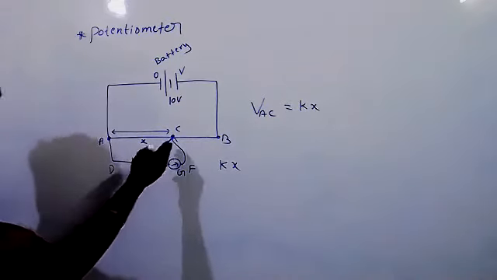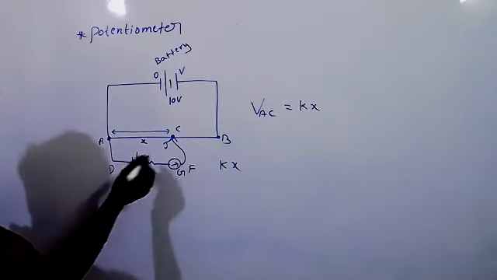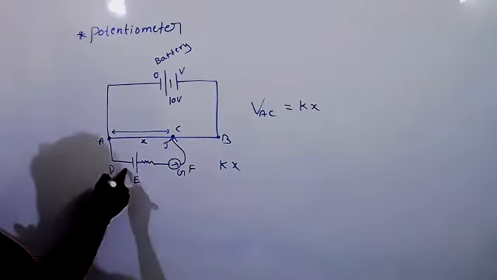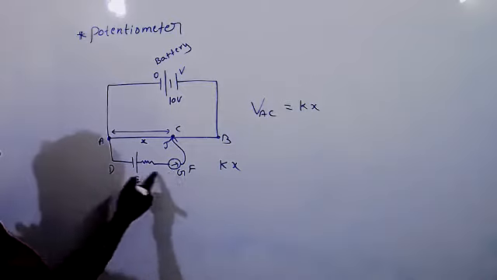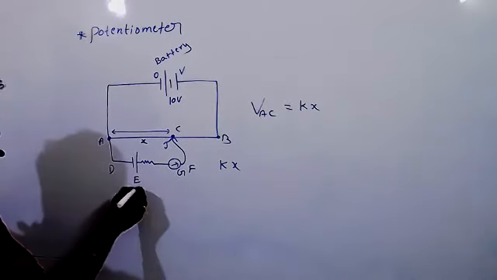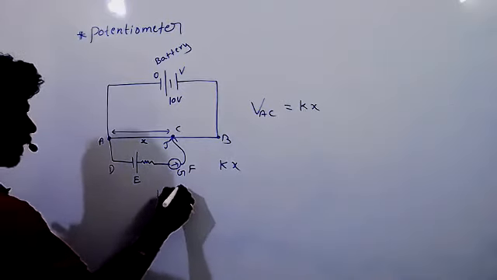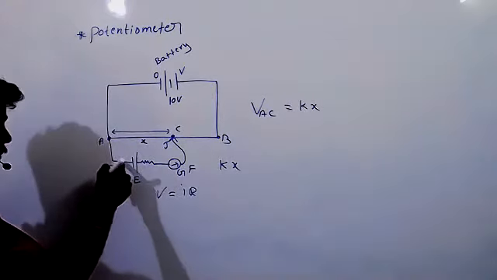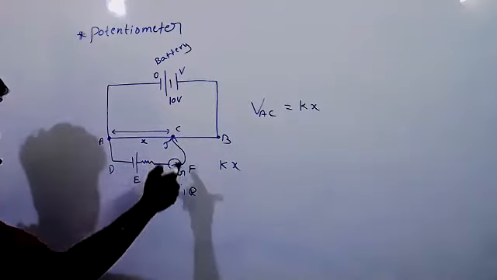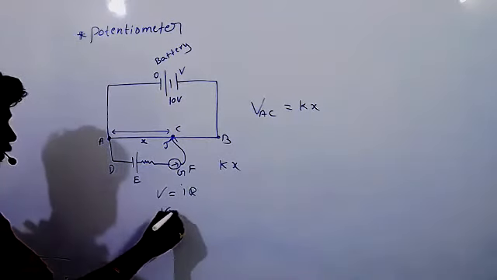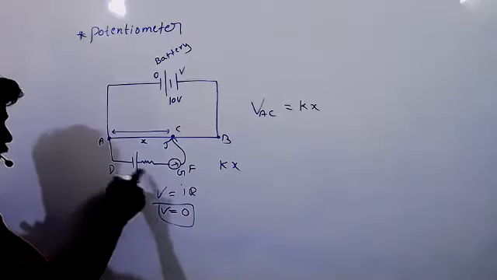So when no current is passing, is there any potential drop here? Potential drop means what? V is equal to IR, right? So current is not passing. That means the potential drop equals 0 here.